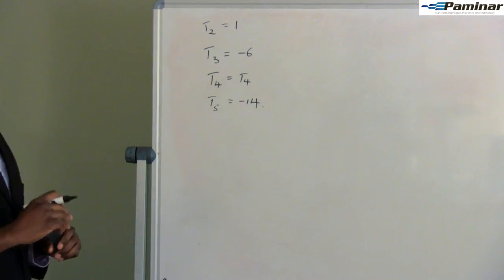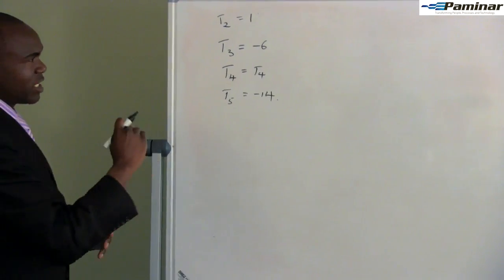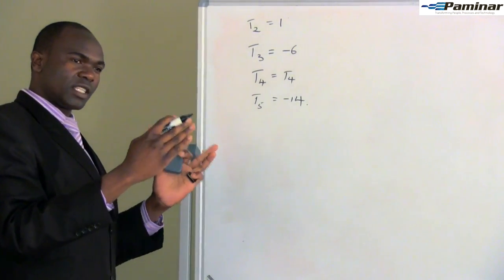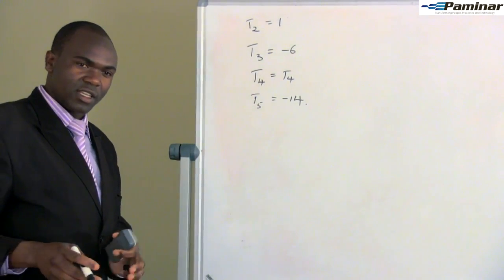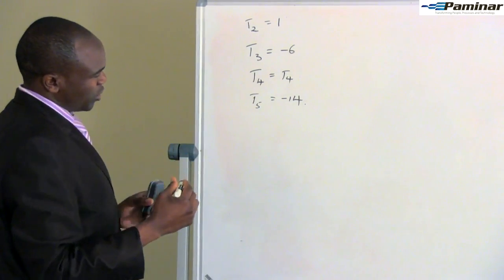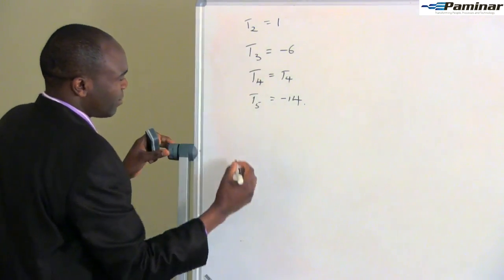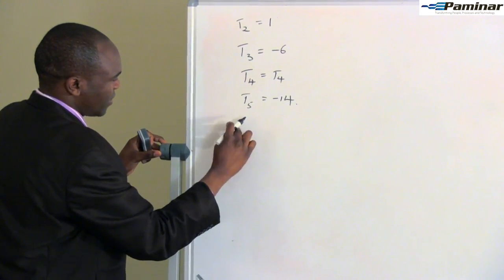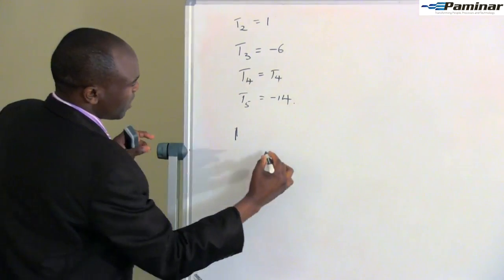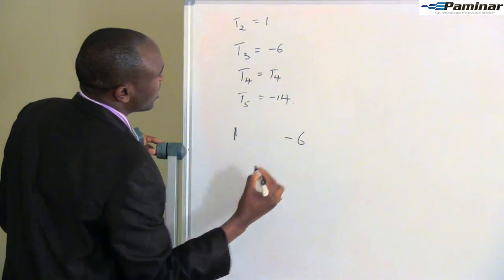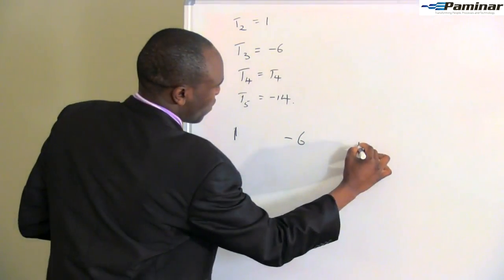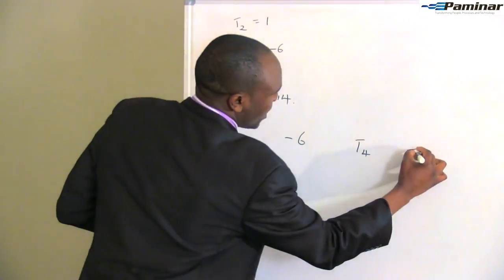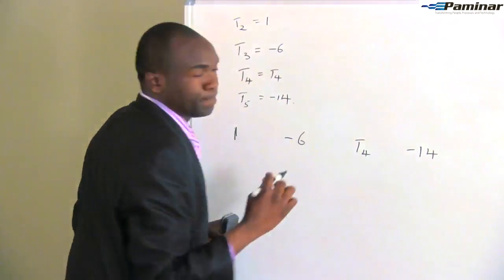When you are told that it's a quadratic pattern, please present your work in a way that will help you to find the first difference and then the second difference. So the second term is 1, and then the third term is -6, the fourth term is T4, and then the fifth term is -14.